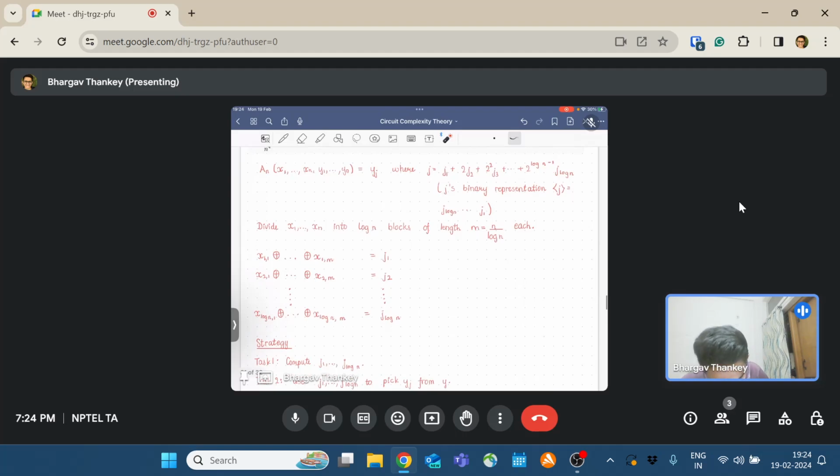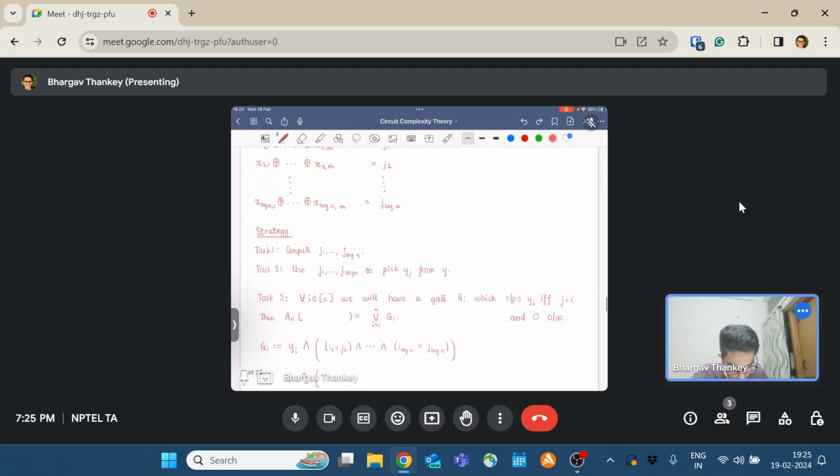It's better to index y from 0, because I have a string of length log n, and that goes from 0 to n minus 1. It's much easier to pick if I index y from 0. So then I should change this over here.